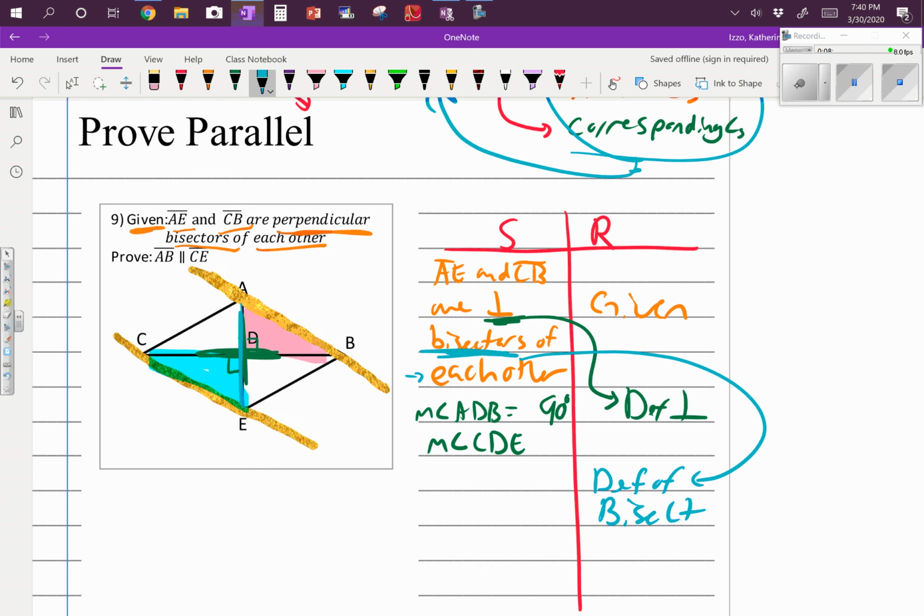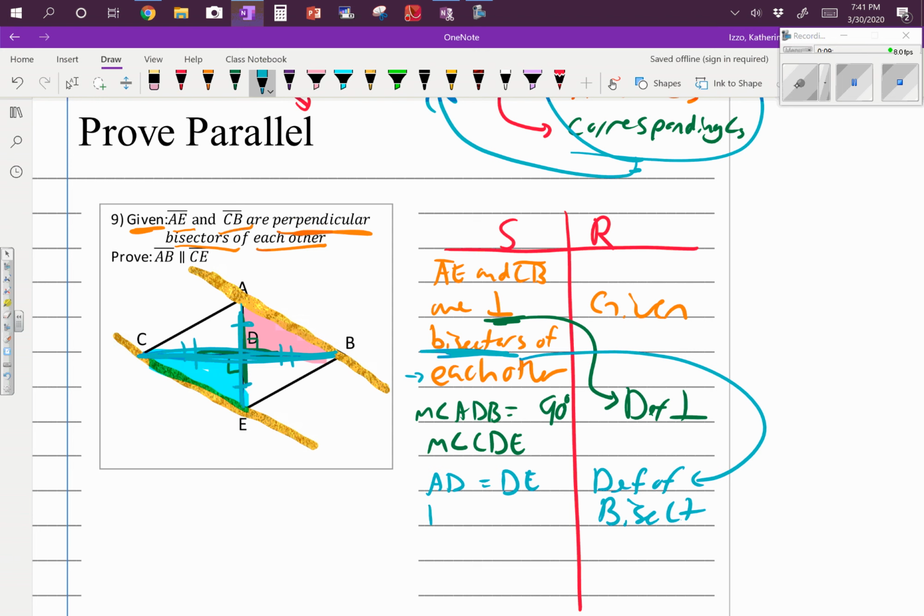They're bisecting A and E, so A and E now split into AD and DE. And then let's talk about the other thing that's being bisected. Because they bisect each other, CB is also being bisected. So this guy and this guy just got chopped.